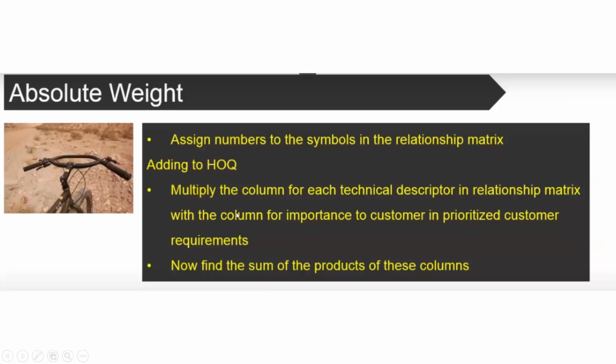Absolute weight. Number to the symbol in the relationship matrix, importance of customer to prioritize customer requirement. Find the sum of the products of this column, multiplying everything together.